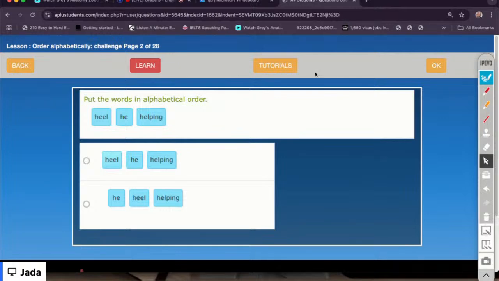Okay, so we have he, option two, because he just has two letters, right? So moving on to heel and helping, of course you have L over here. If you're looking at the third letter for heel and helping, of course heel comes first because it has E.